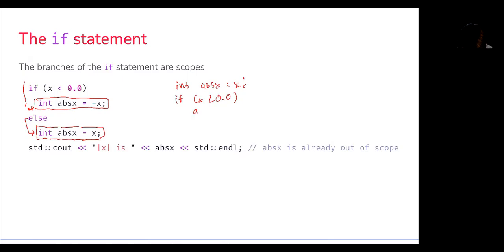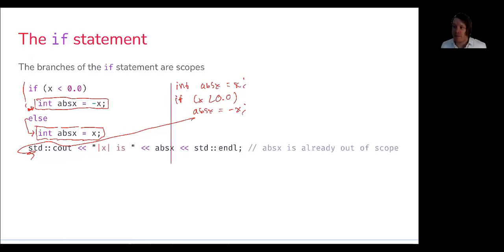We could say that absX receives the positive value of x in that case, and then we could go into this output statement without any worries about scope, because if we declare it outside, it's going to be visible inside that scope of the if and all the way down through the block of code that has been declared within.